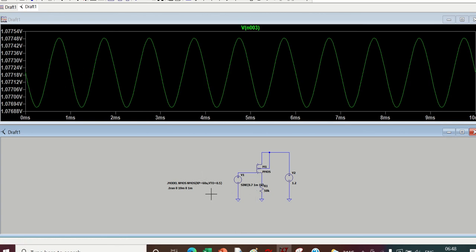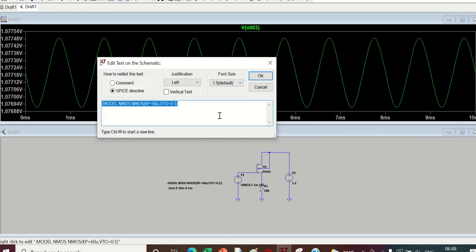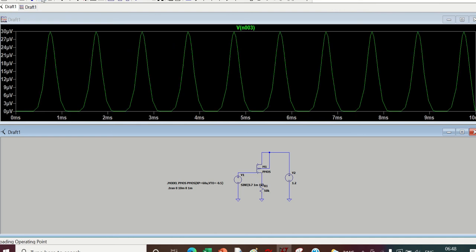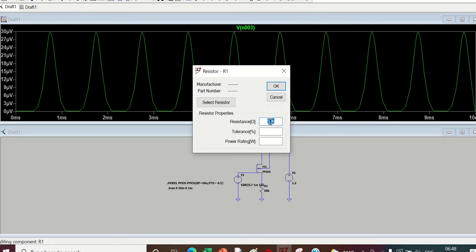Let us first change this model. This should be PMOS here, and threshold should always be in minus sign. So it is showing very high gain initially. Let me make it 10k and see.